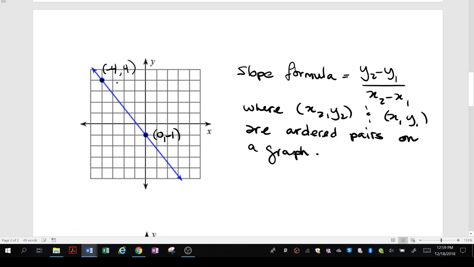So we have those ordered pairs here, and we can plug that into the slope formula.